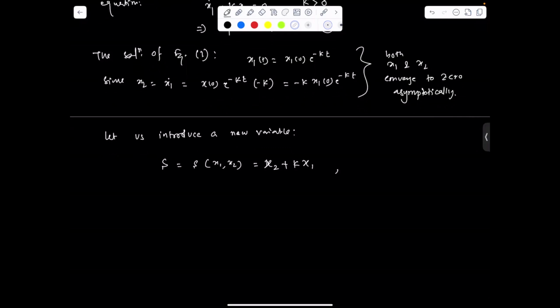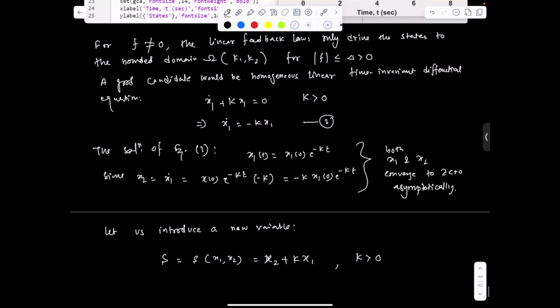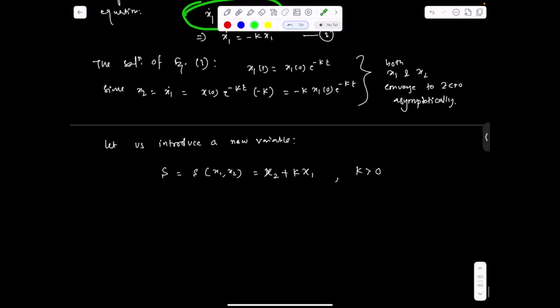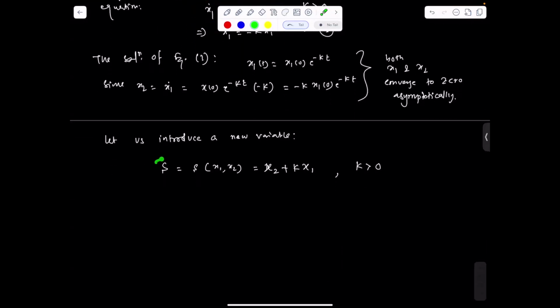This is very, very important, with k greater than 0. Based on this, we define this s variable as x2 plus k x1.